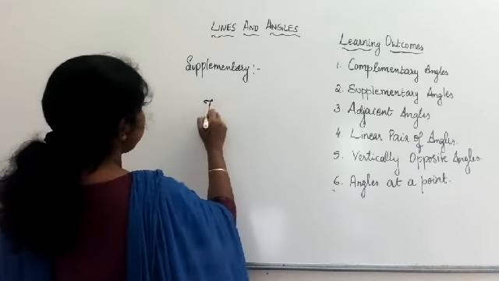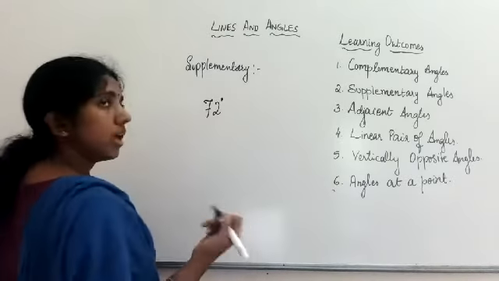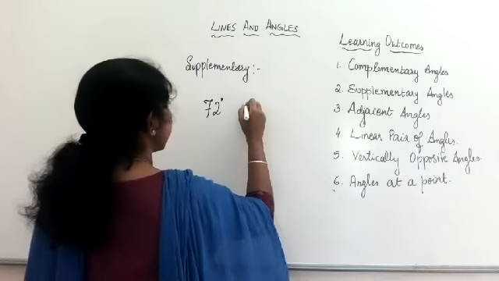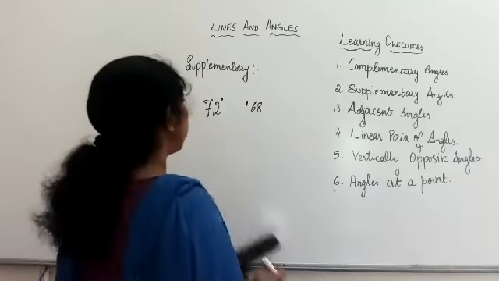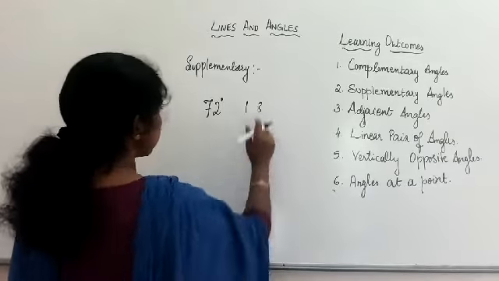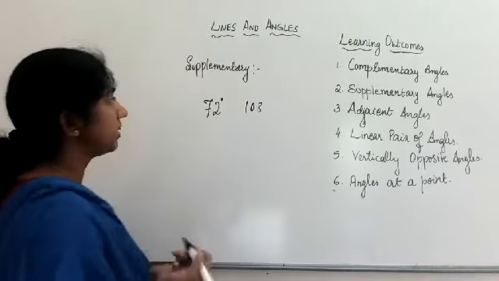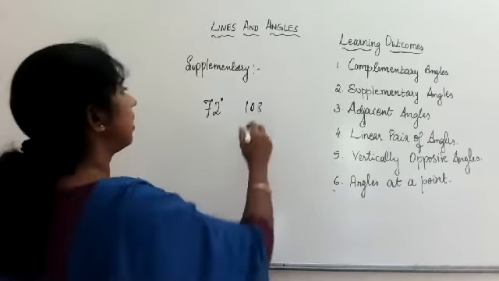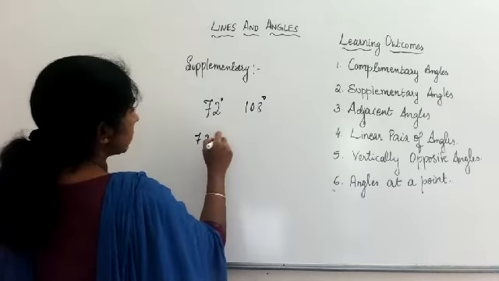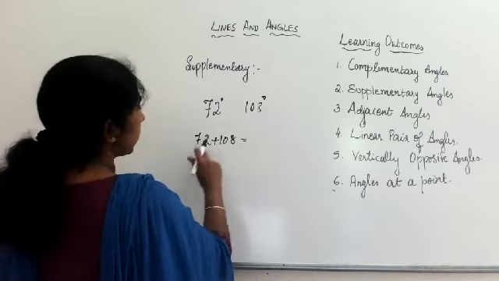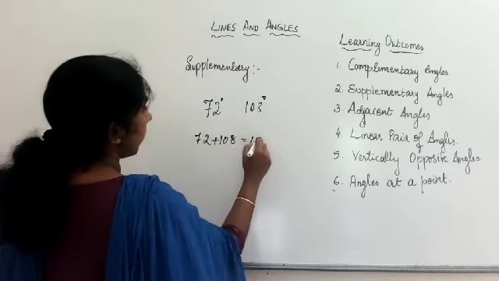For example, if I take 72 degree and the other angle is 108 degree, what is the sum of these two angles? 72 plus 108, so 180 degree.